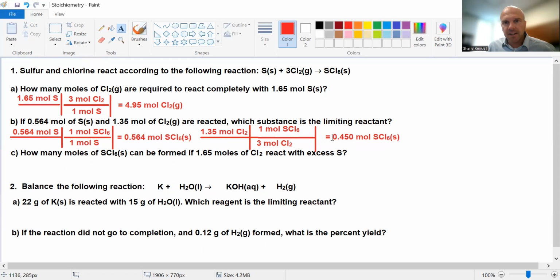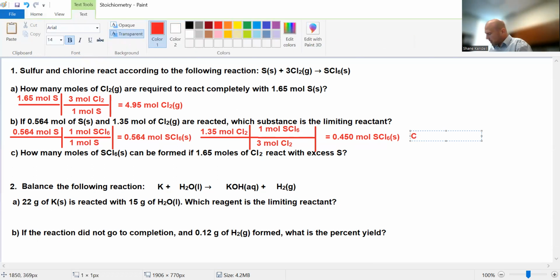So in that case, 0.6 would exceed the 0.564, and that would mean that Cl2 would then be in excess because I would have enough Cl2 to form the extra amount of SCl6. But as it stands, we just have our 1.35 mole of Cl2. And so I can make this statement: the Cl2 gas is limiting.